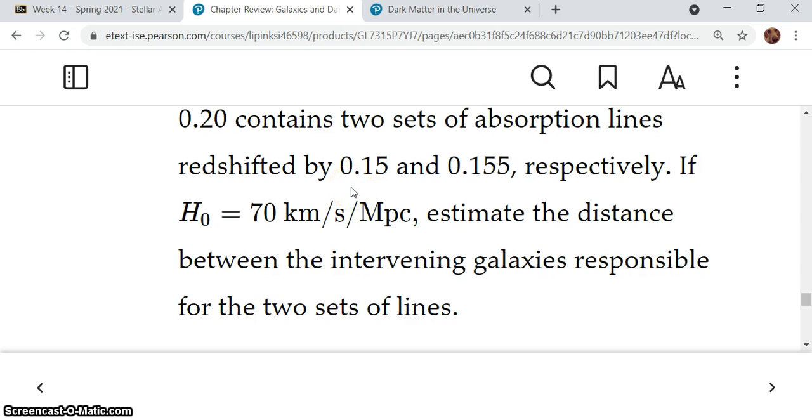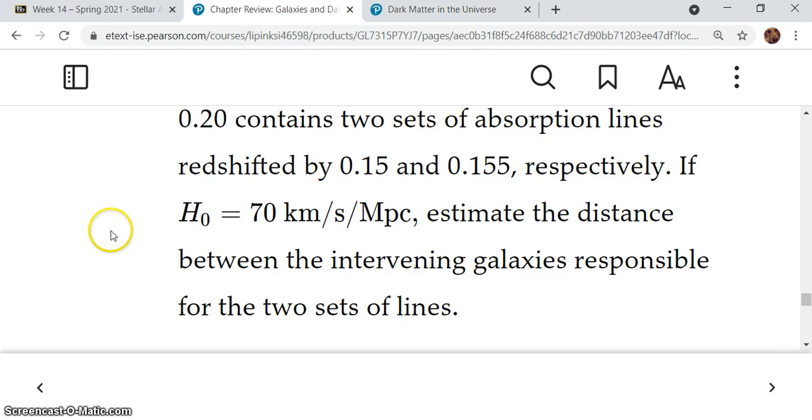Remember, this is that thing we talked about a little bit called the Lyman forest. The first Lyman line is where the electron makes a transition between the ground state and the first excited state, and that's, if I remember correctly, 122 nanometers, which of course is in the ultraviolet.